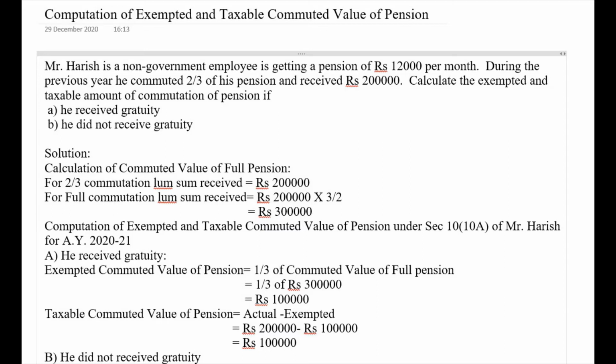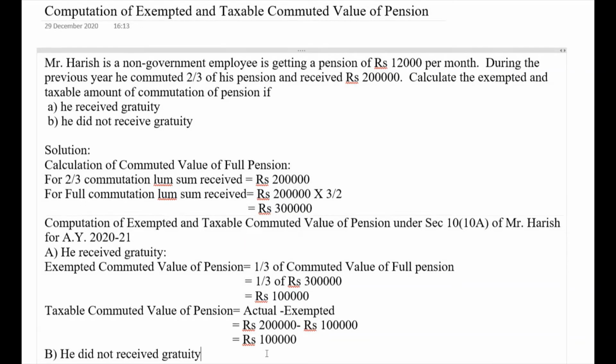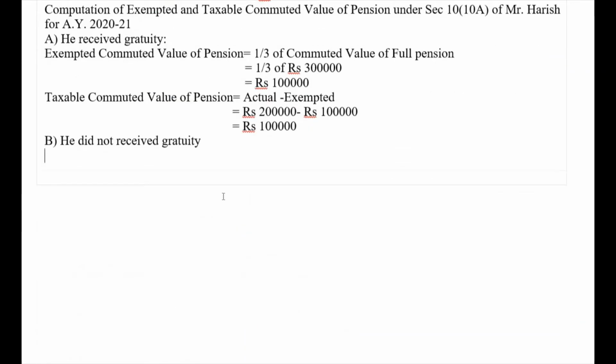So under this, we have calculated case A. Now, when he did not receive gratuity, the exempted commuted value of pension equals half of the commuted value of full pension.